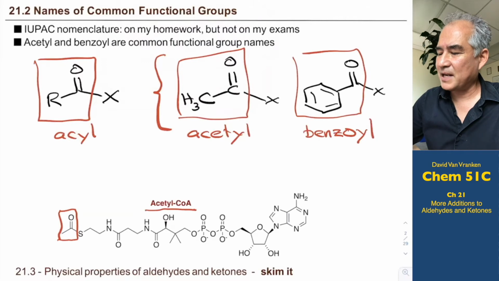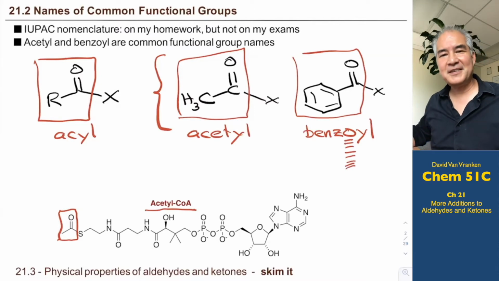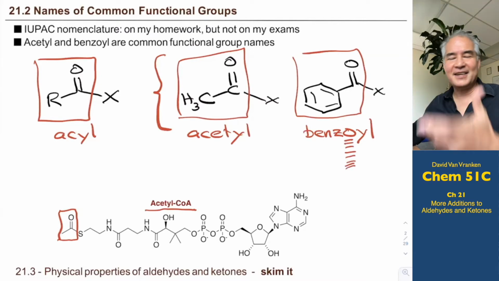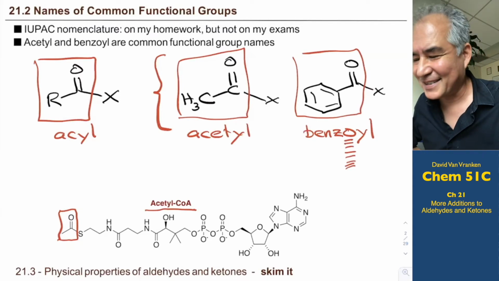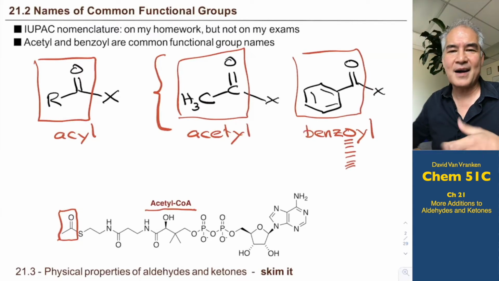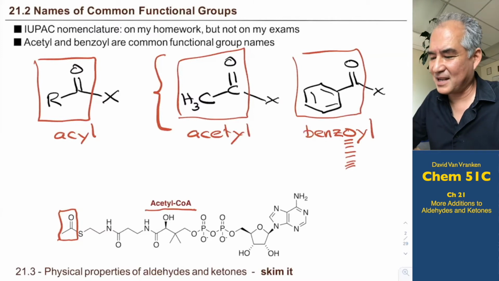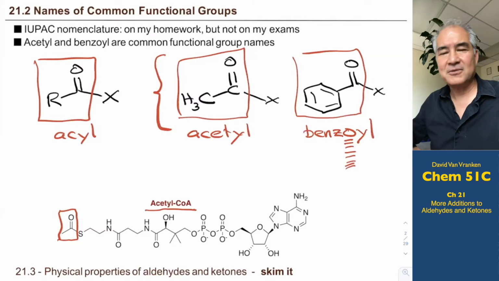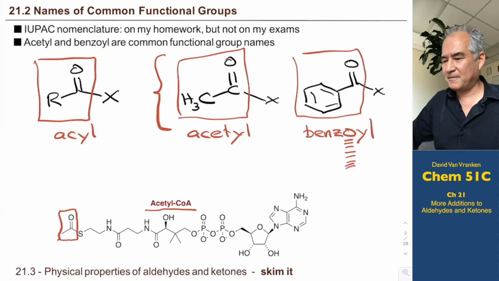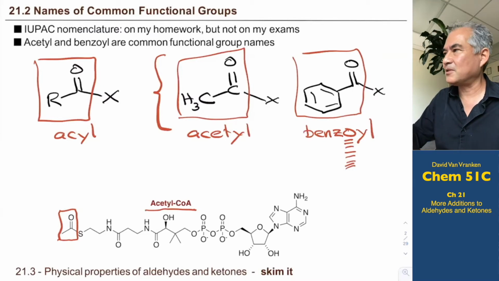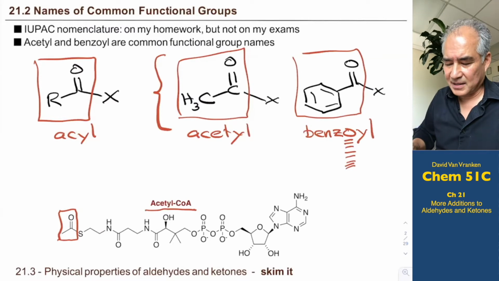But this is a carbonyl group. It's benzoyl. So I'm going to underline that, benzoyl. You've probably seen this in the stores when you go buy acne medication over the counter. It contains something called benzoyl peroxide. In that case, X is two oxygen atoms with benzoyls on both sides. So again, you'll see these, I'll refer to these groups, and I expect you to know what I'm talking about when I refer to acetyl and benzoyl groups. They're two examples of acyl groups.